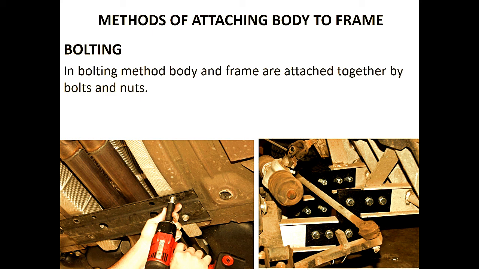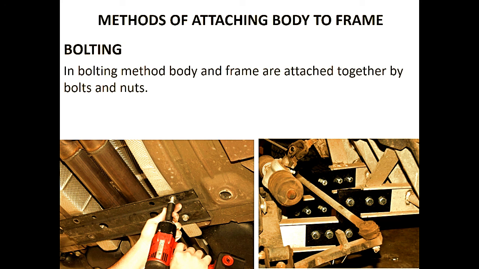You know, a machine is visible through which the screws can be bolted to the car frame, and the various body parts can then be aligned. It is called bolting.